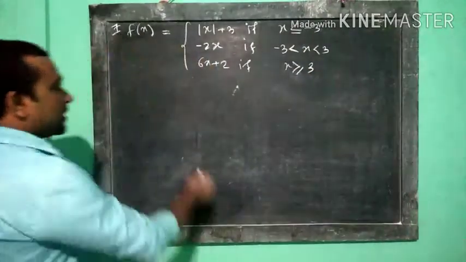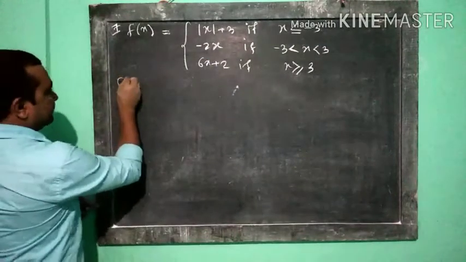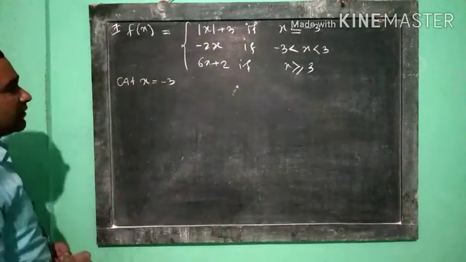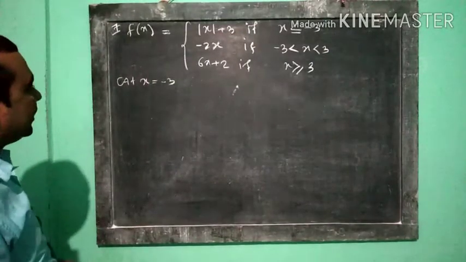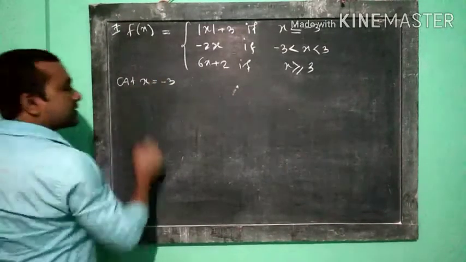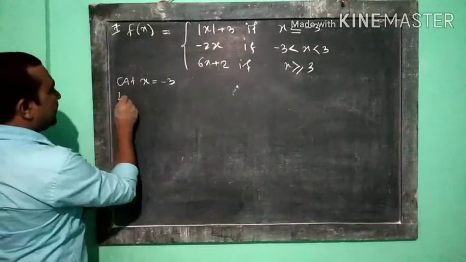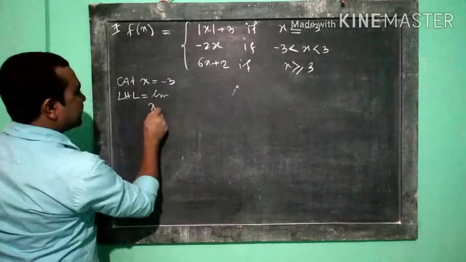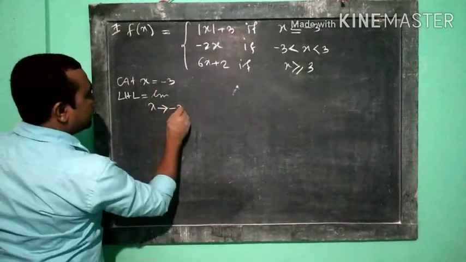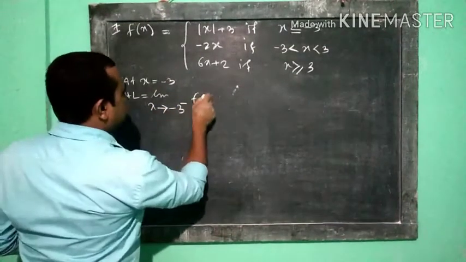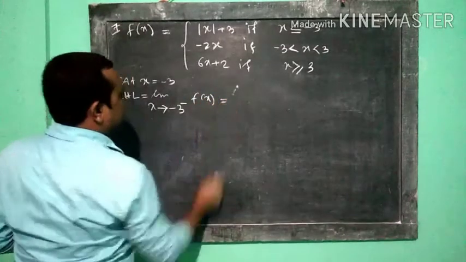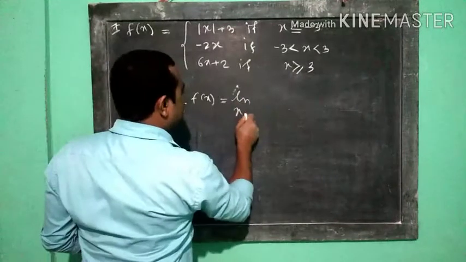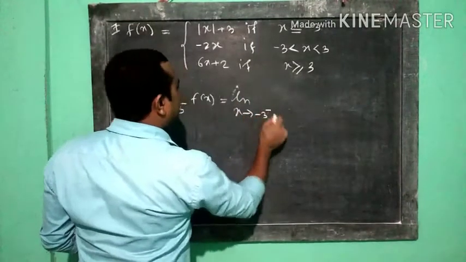So first we check at the point x equal to minus 3. How to check? In the previous class we learned it. At x equal to minus 3, first the left hand limit equals the limit as x tends to minus 3 negative of f(x).